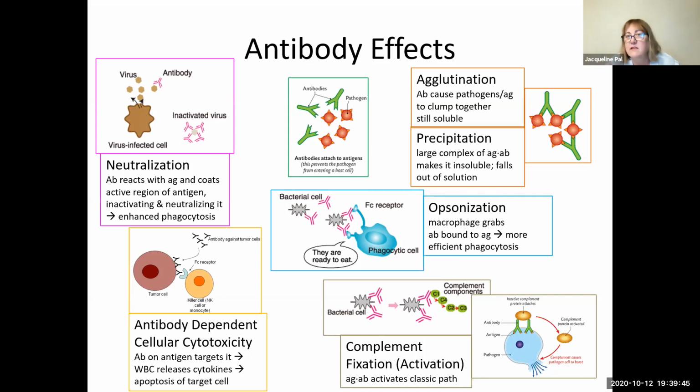What's going to happen is the natural killer cell or the macrophage is going to be releasing chemical signals which diffuse across to where the antigen-containing cell is, and that causes apoptosis of that target cell. So yes, individual cells will die, but basically it can kind of cause a little killing zone going on there.